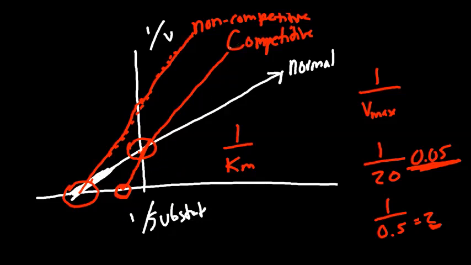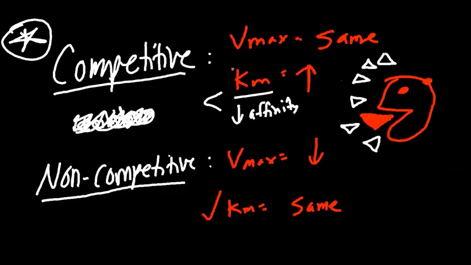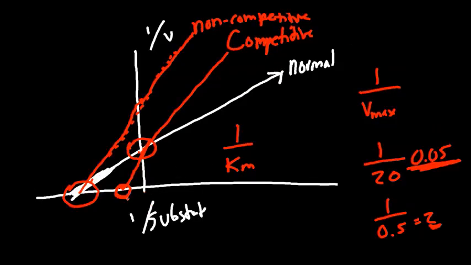So if we have a competitive inhibitor, we increase the Km. But wait a second. We increase the Km, we're decreasing the Km. We're getting smaller down here. This is like -5. This is like -1. How are we increasing the Km? Well, you remember it's the same concept. We're dealing with a reciprocal.